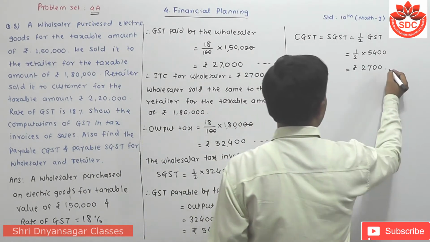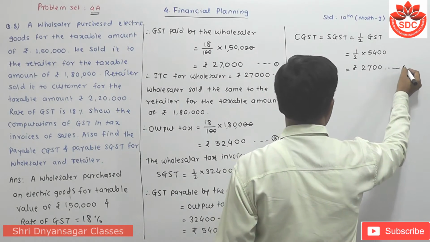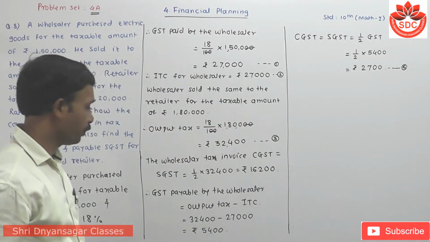This is the CGST and SGST. Student, both are the same. Suppose this is equation number 4 here.